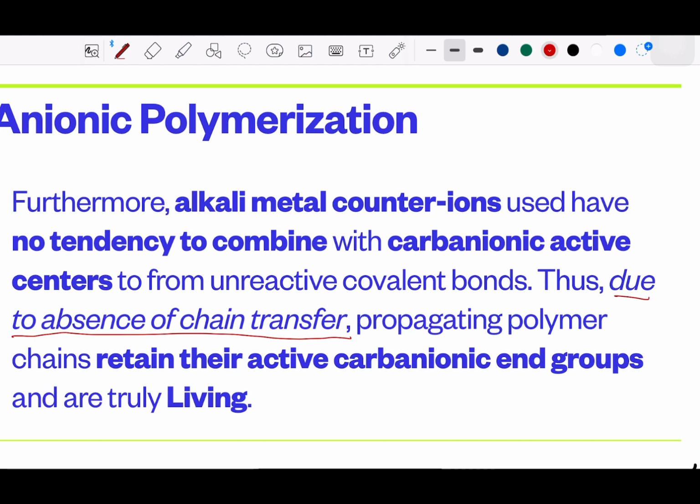It retains the negative charge active center, and it goes on and on.